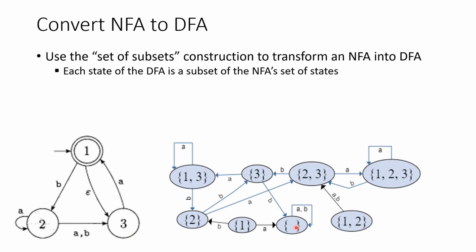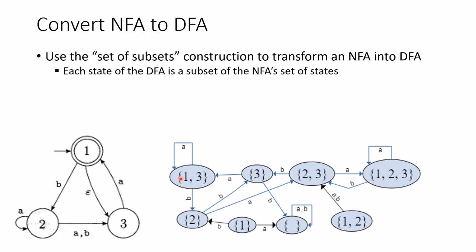So it includes the empty set, and the subsets that consist of just one member: the subset of just state 1, just state 2, and just state 3.